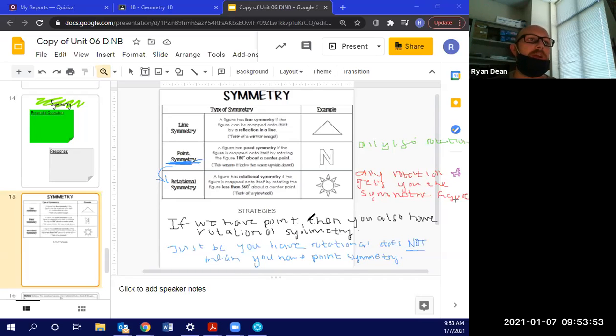So talking about another strategy, the first thing you should always check for, well, you can check for line symmetry, but in terms of checking for either point or rotational, you should always check for point symmetry before you check for rotational.